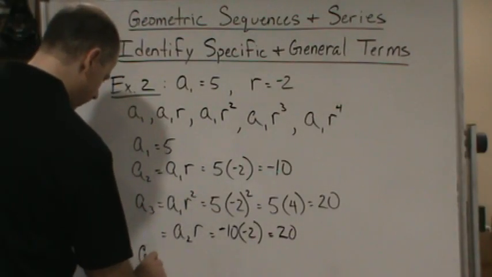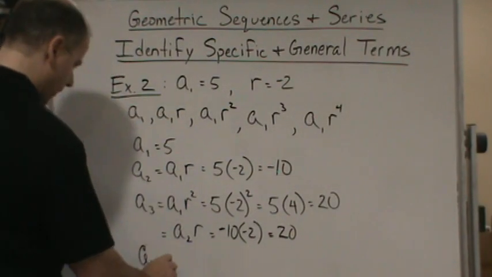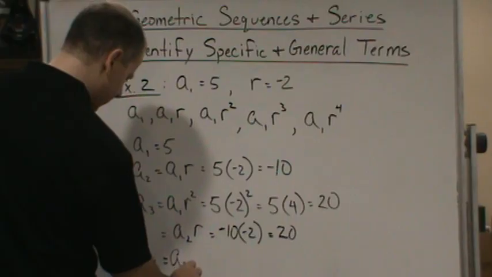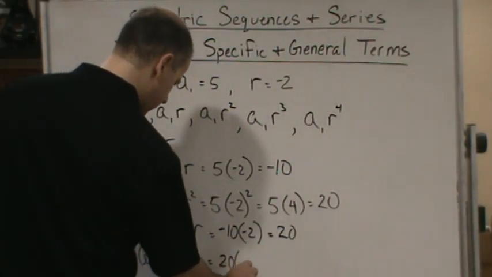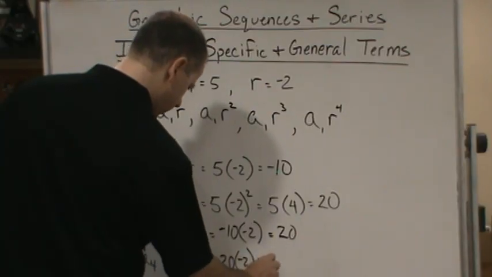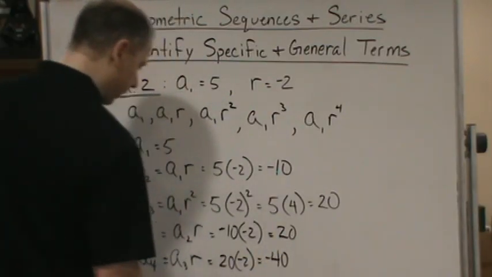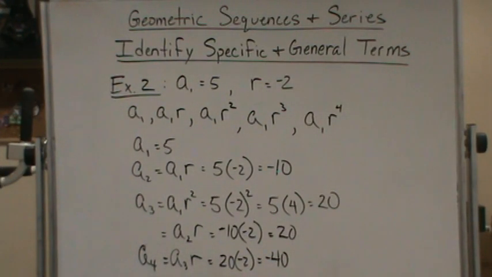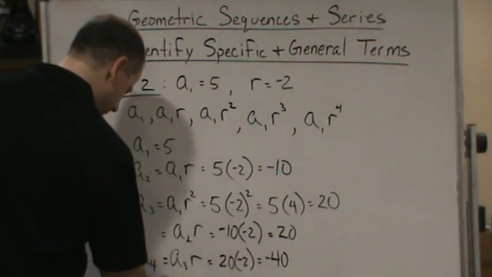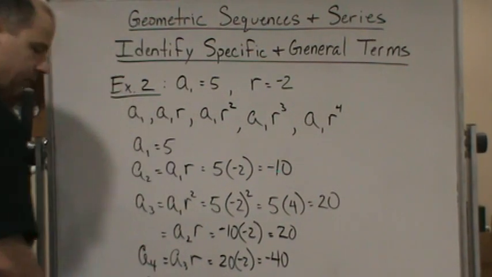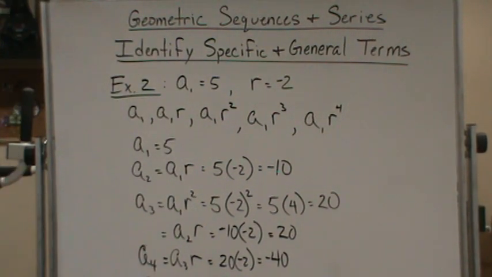So A4, the fourth term, is going to equal A3 times R, which is going to be 20 times -2, which equals -40, right? And at this point you kind of see the pattern and you know what A5 will be, right?